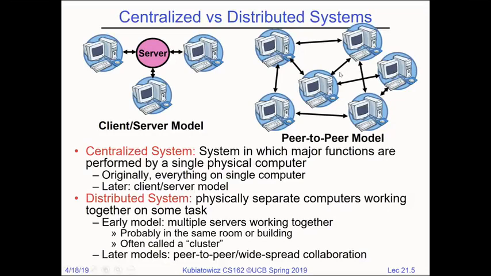But later models went to what was called peer-to-peer systems, in which these individual components are spread across the network, and they're all equally participating in this network, and together the whole is greater than the sum of its parts. Okay, and that's the really interesting thing about peer-to-peer technology. And I would say that this conception of peer-to-peer really only started in the early 2000s. Okay, but it has since evolved quite a bit.